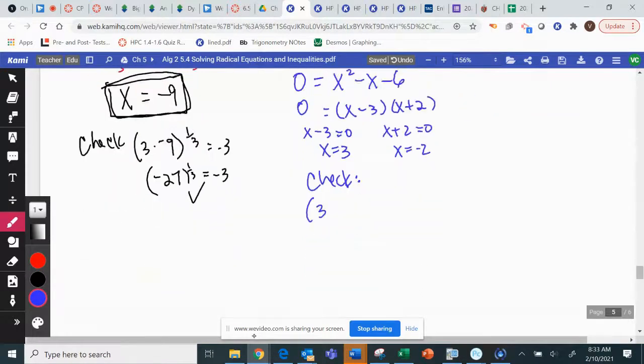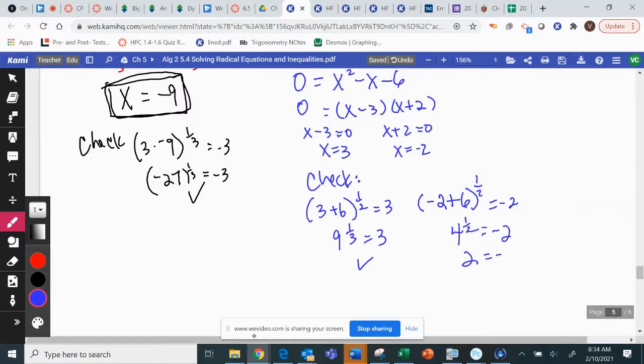What was it? 3 plus 6 to the 1/2 equals 3. So 9 to the 1/2 equals 3. That is true. Or negative 2 plus 6 to the 1/2 equals negative 2. So I get 4 to the 1/2 equals negative 2, but that's 2. So my only answer is x equals 3 for that one.